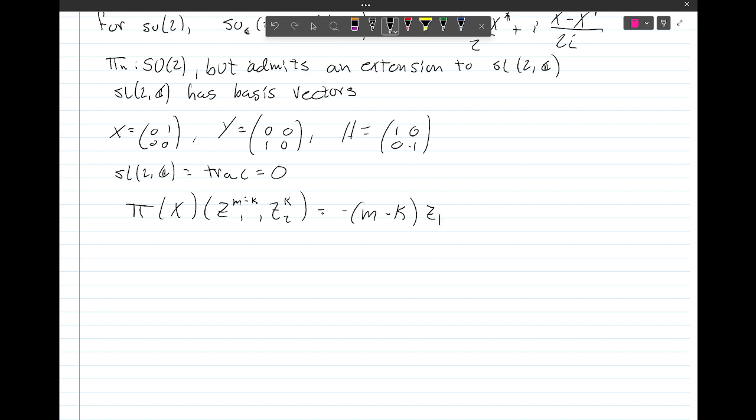I won't show them here because they're easy enough to do, maybe with just one remark that I'll give after I'm done writing. Okay. And y takes that basis vector and it moves z1 up 1, moves z2 down 1.